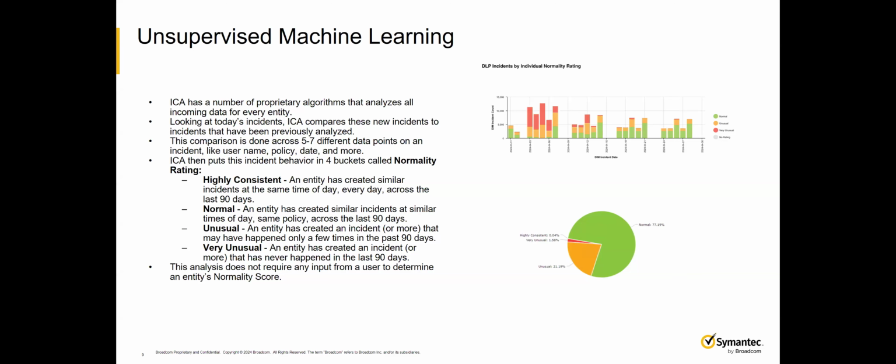So we have 4 different normality ratings. You can see 3 of them on the screenshot there. You have highly consistent, normal, unusual, and very unusual. We'll see this hands-on in the demo, but if you look on the right-hand side, we have the dashboard widget screenshot. It shows that over the past few days, we've seen some normal incidents, but we have also seen a bunch of unusual and very unusual incidents highlighted in yellow and orange. So from there, we can target these and investigate why they are unusual.